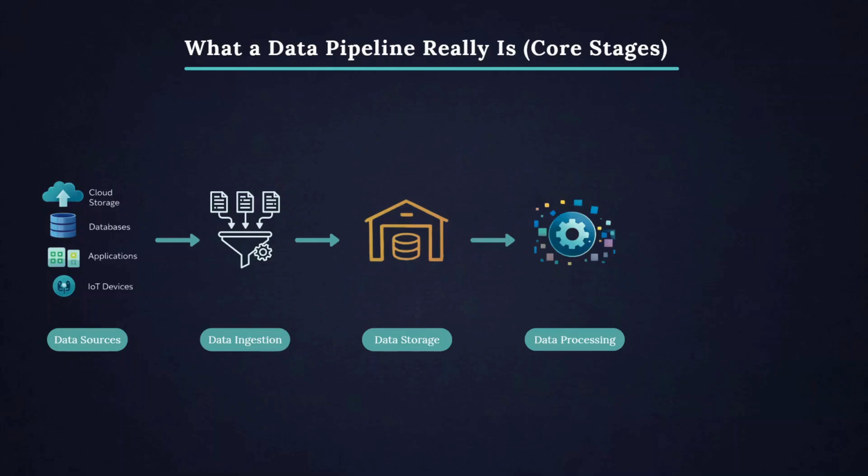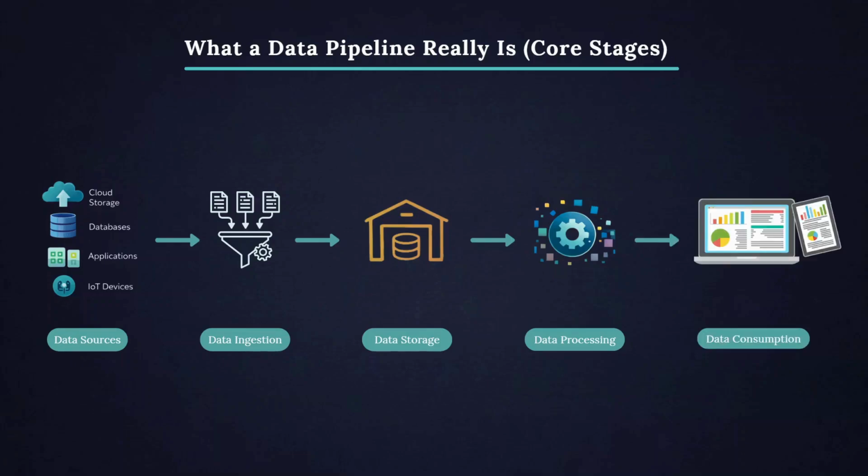This is where the actual work happens of cleaning the data, transforming the data, joining it, and organizing it into a useful structure. And finally, we have data consumption. This is where the processed data is used in dashboards, reports, or by other systems. This data can also be used by data consumers like data analysts, data scientists, and many more.